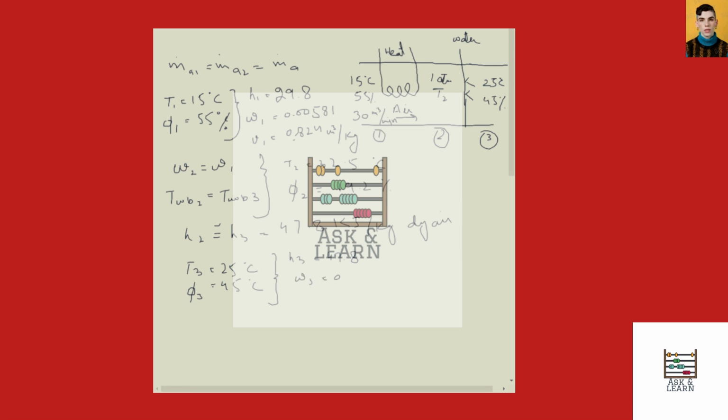W3 is equal to 0.00888, while wet bulb temperature 3 is equal to 17.1 degrees C.